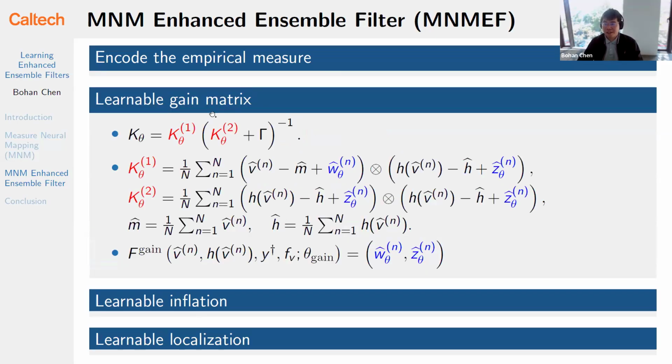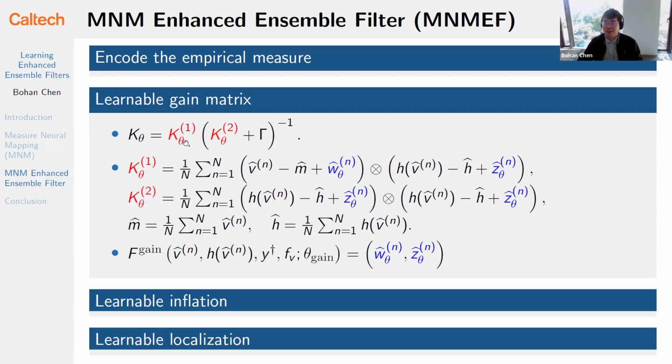And then this is the core of our approach. We want to learn a corrected gain matrix in addition to the ensemble Kalman filter. The design is here. If we remember the previous derivation of the ensemble Kalman filter, K equals a covariance times the inverse of another covariance.